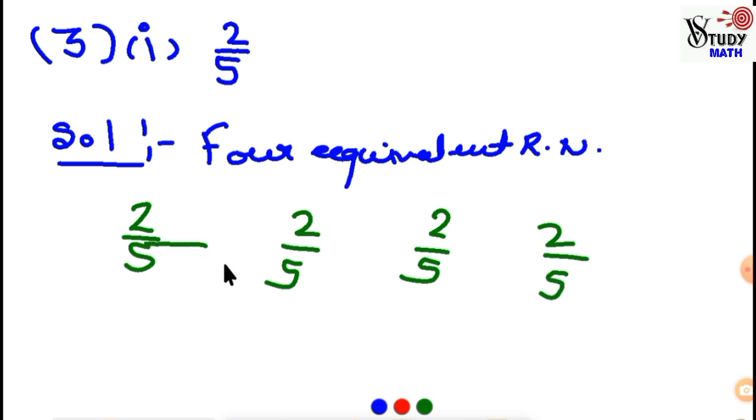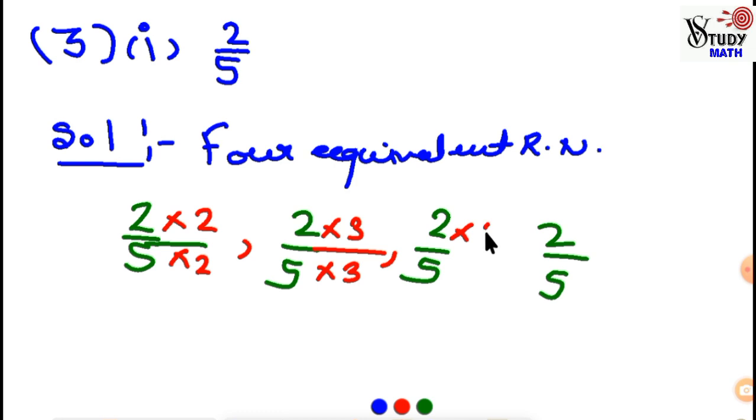Now multiply the first one by 2 and 2, this one by 3 and 3, this one by 4 and 4, and this one by 5 and 5.